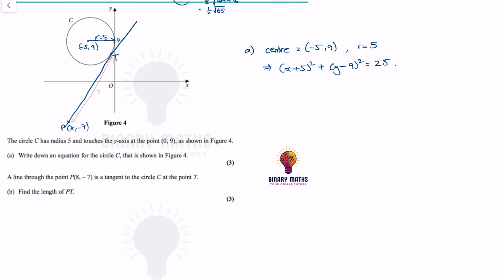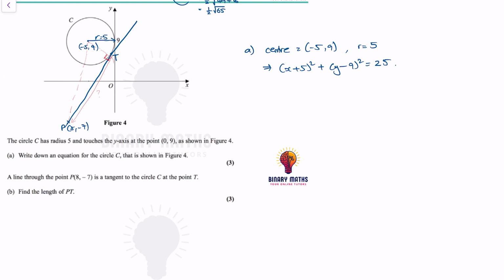Now what we do know is, because PT is a tangent, it makes 90 degrees with the radius. And if we join P to the center, then we have a right angle triangle.